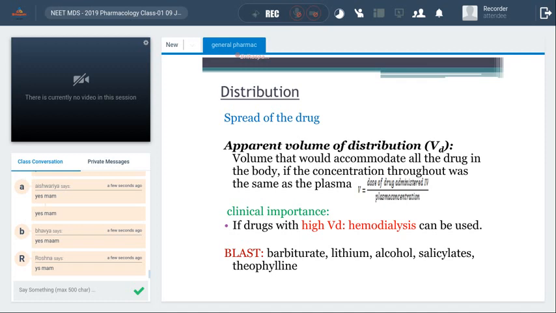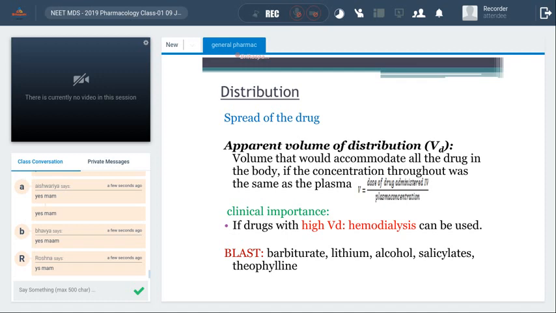Now, what is apparent volume of distribution? It is that volume that would accommodate all the drug in the body if the concentration throughout was the same as in plasma. So imagine the concentration of the entire compartment is the same as plasma. What volume of the body will accommodate that amount of drug? That is called apparent volume of distribution.